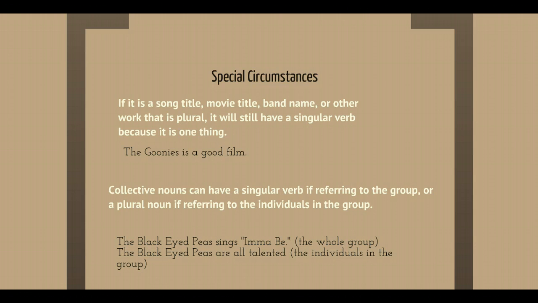Collective nouns can have either a singular verb if referring to the group, or a plural verb if referring to the individuals in the group. So the Black Eyed Peas sings I'm a Bee, right? The whole group together sings that. I'm talking about them as one band. Or if I talk about individual members, I would say the Black Eyed Peas are all talented, right?